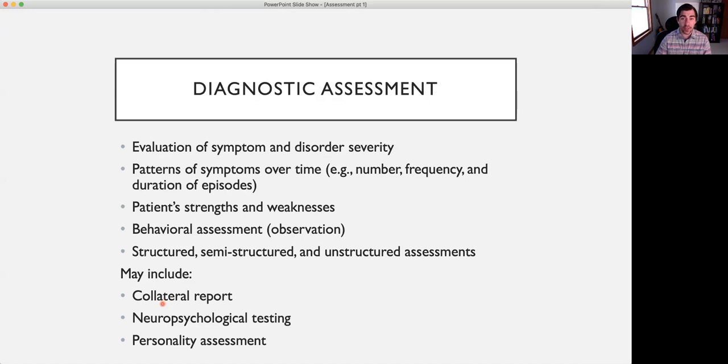We may get neuropsychological testing. Neuropsychological testing can give us lots of types of information, so it may include things like processing speed, working memory, verbal fluency, lots of things like that. And we can also get personality assessment data. That can be applied specifically to personality disorders, but we might also just want to understand someone's personality profile and how that plays a role in what's going on for them.